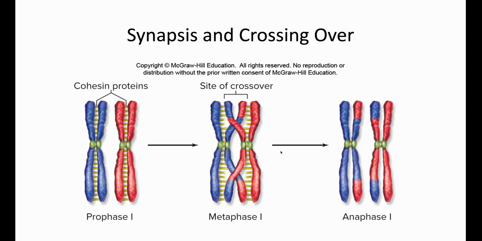Crossing over occurs so that in the mainly blue chromosome, we have a solid blue chromatid, and then we have a blue chromatid with two red ends. In the red chromosome, we have a solid red chromatid, and then we have a red chromatid with two blue ends. This is the result of crossing over.